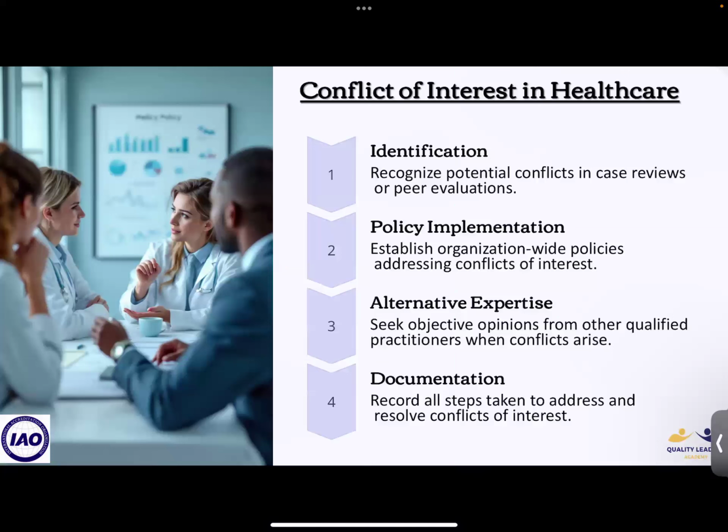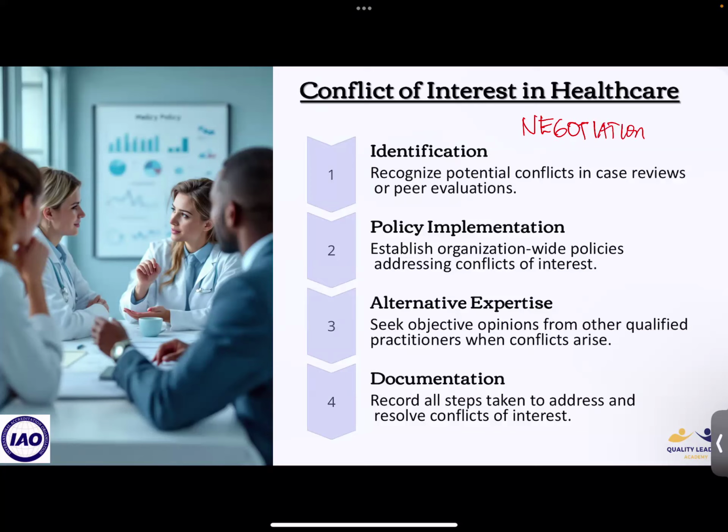Okay. So the review must be stopped when there is a conflict of interest between the reviewer and the person being reviewed. All right. What is the conflict of interest in this case? We agreed earlier that the best approach to a conflict of interest is identification and negotiation.